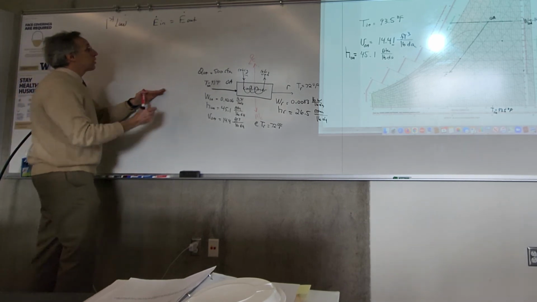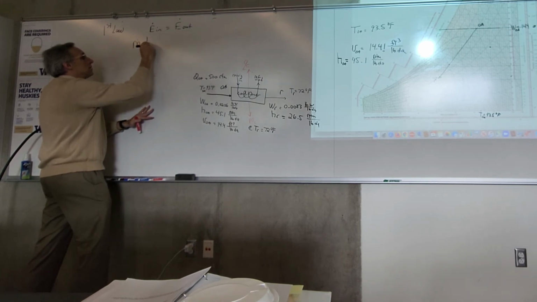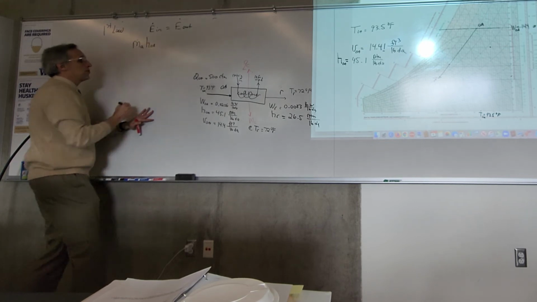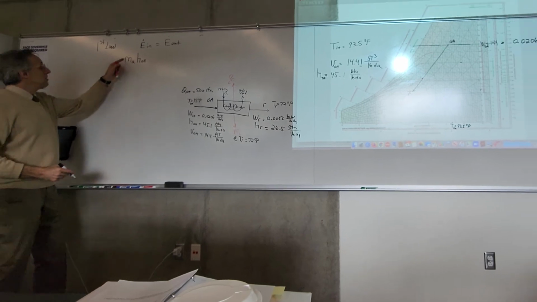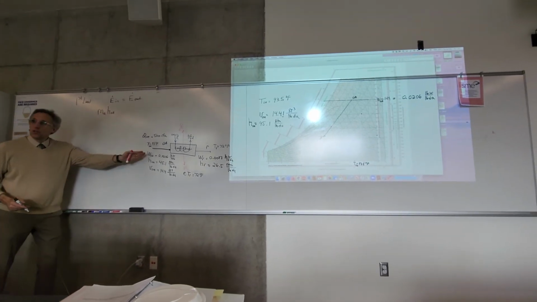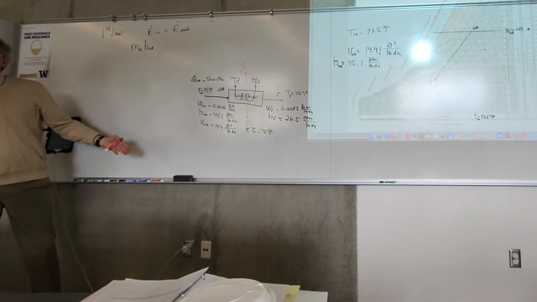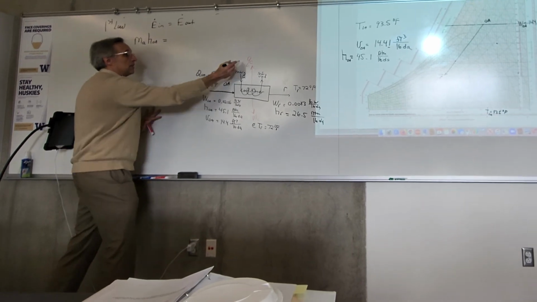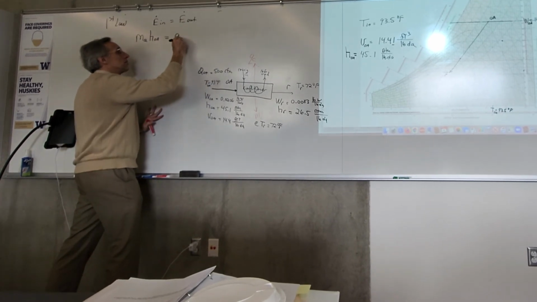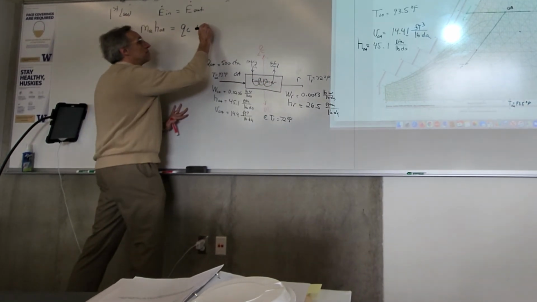We've got the outdoor air going in, at a mass flow rate of dry air times h_OA. That's the rate of energy going into our air conditioner. And that's the only thing going in that has energy. And then coming out, we have Q_C. We have the energy in the air that's leaving.